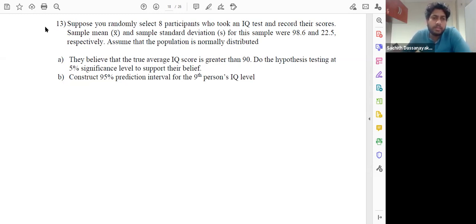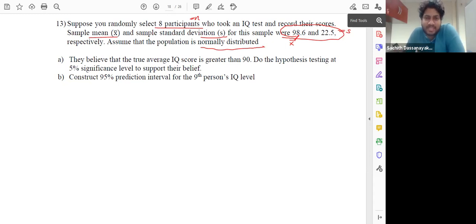Suppose you randomly select 8 participants. This is your n, your sample size, who took an IQ test and recorded their scores. The sample mean x bar and the sample standard deviation s are given here. Assume that the population is normally distributed. Now you should know what kind of test this is.